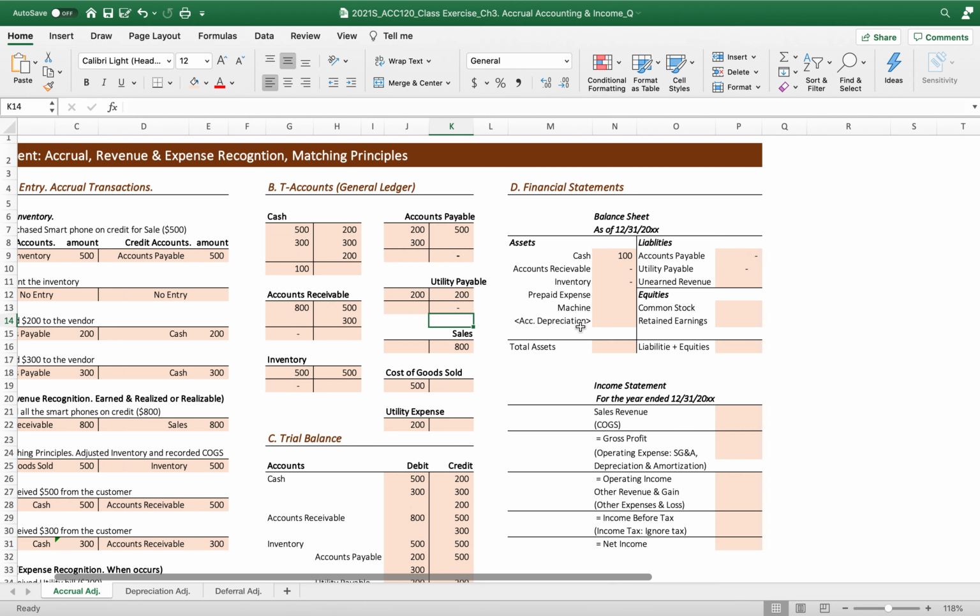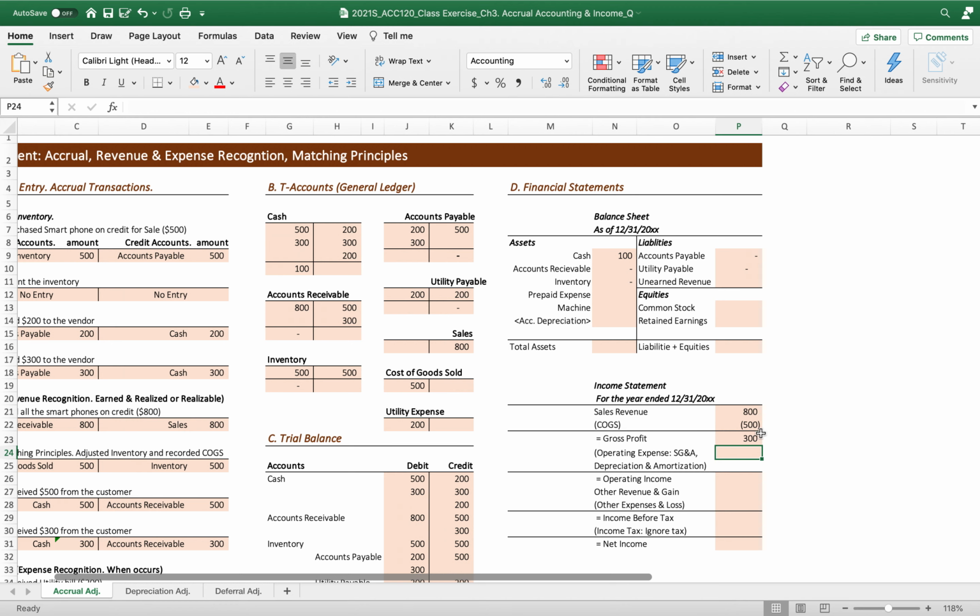Okay, and then the sales amount the company made. Then you have to be aware of this: the parentheses in the income statement show expense as a negative value. So the cost of goods sold should be 500 negative. So sales plus cost of goods sold is 300 gross profit.